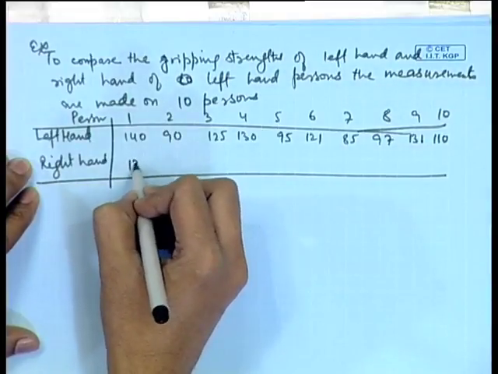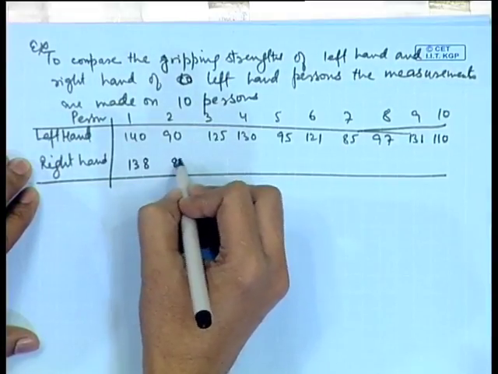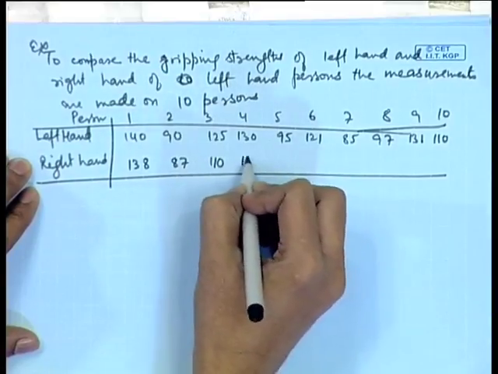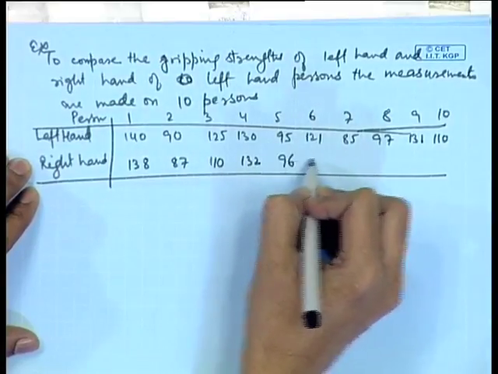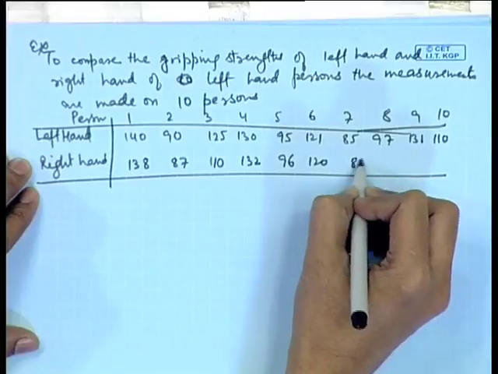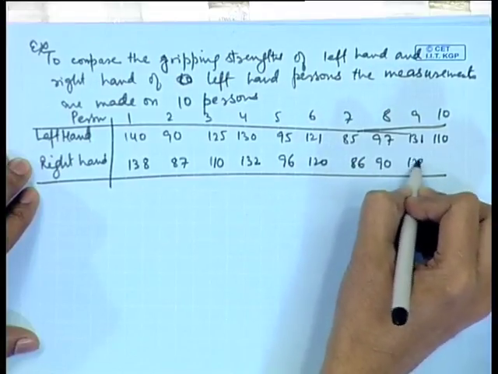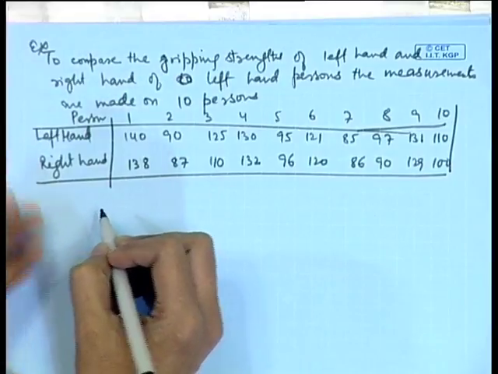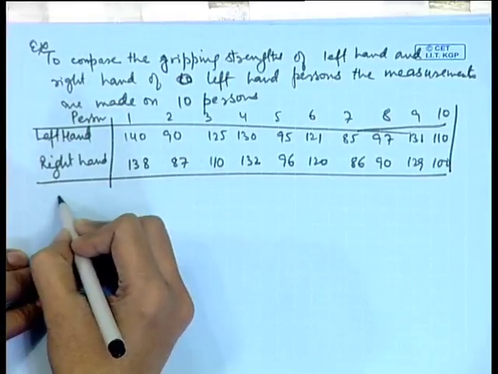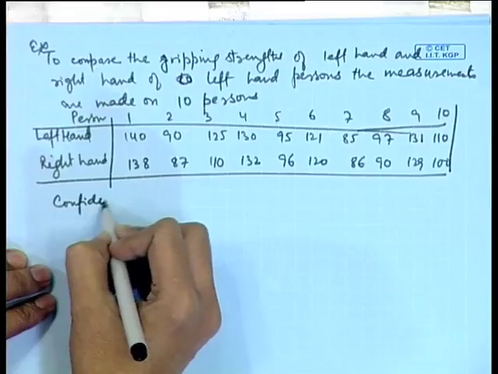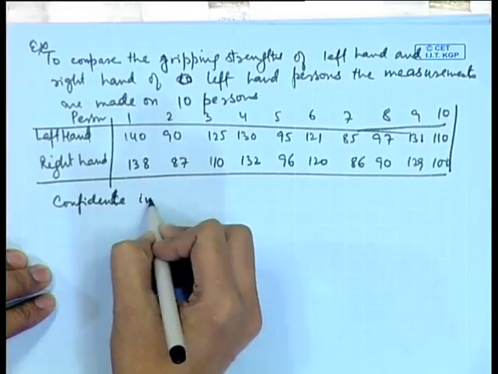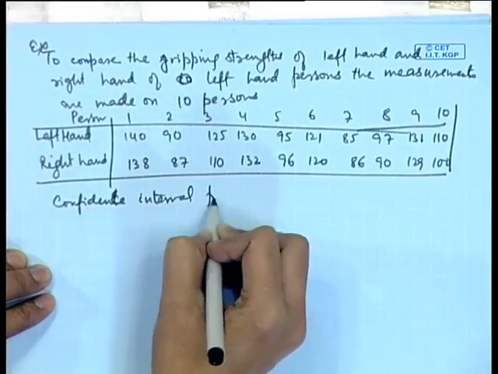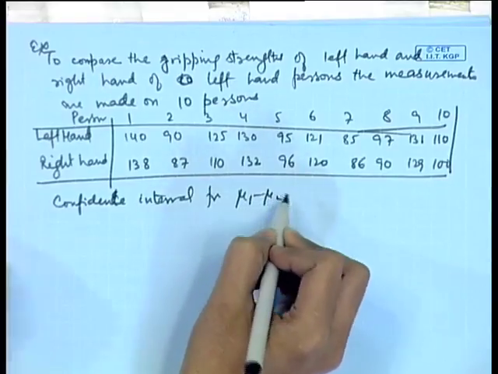For the right hand it is 138, 87, 110, 132, 96, 120, 86, 90, 129, 100. So, we need the confidence interval for say mu 1 minus mu 2.